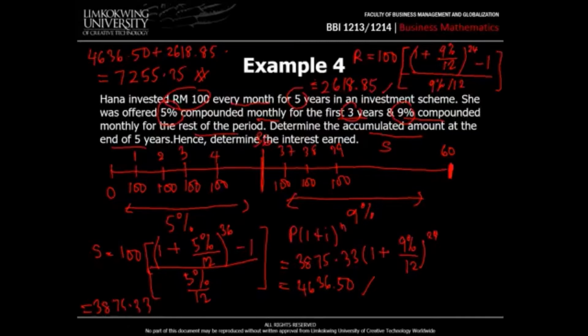Okay, let's say if the question is asking you to find the interest earned. I equals S minus nR. So now what is the future value? You have to take the final one, which is 7255.35 minus n, which is 60, multiplied by 100.